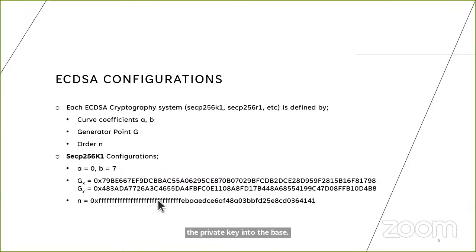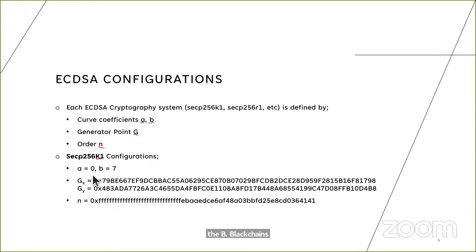In the ECDSA cryptography system, we have different configurations based on the curve coefficients, the base point, and the group order. For example, I have put here the configuration of secp256k1 ECDSA, which is used in the Bitcoin and EVM blockchains.